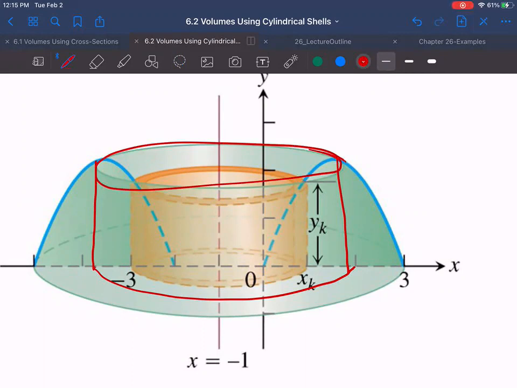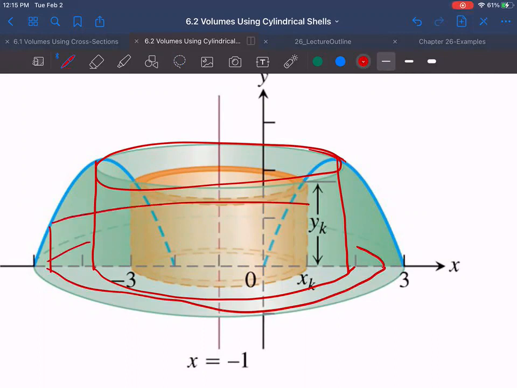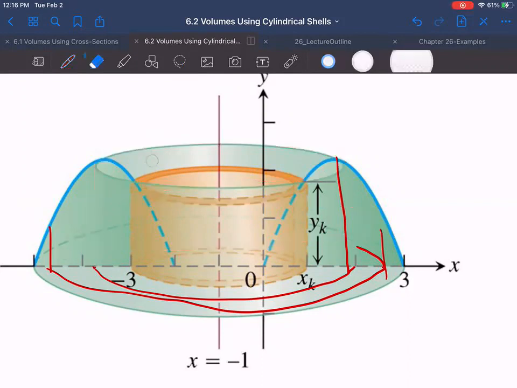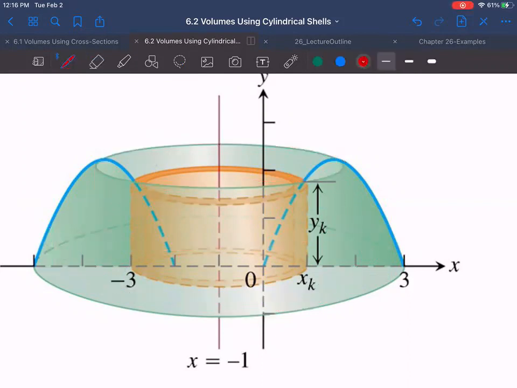So we can fit in concentric cylinders like this. And so if we can find the volume of these thin-walled cylinders and add them all up, then we can do this. So that's what we're going to look into doing here, is finding these cylinder volumes.